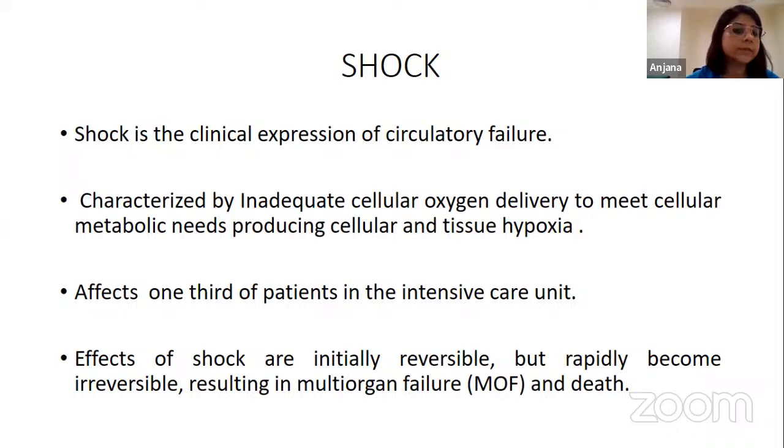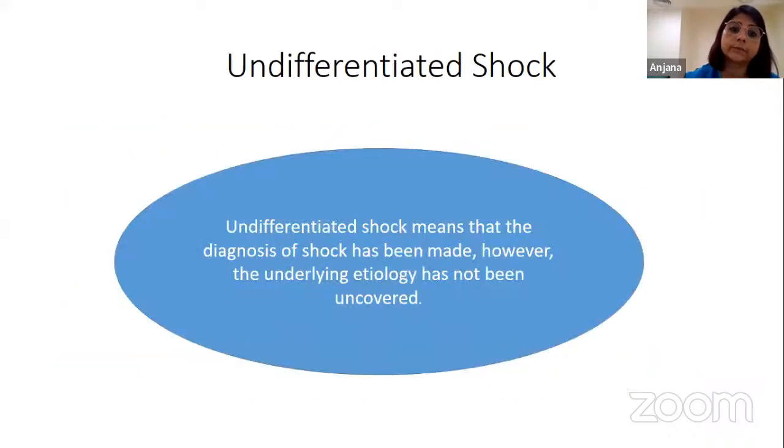In simple terms, most of the patients we see in the ICU come in shock, and the effects of shock are actually reversible if we act on time, but it becomes irreversible if the action is not immediate and results in multi-organ failure and death, which we see most of the time in ICUs.